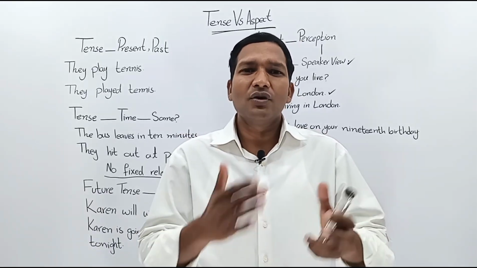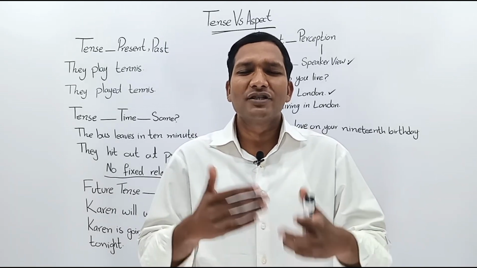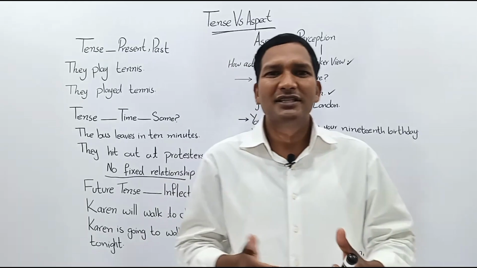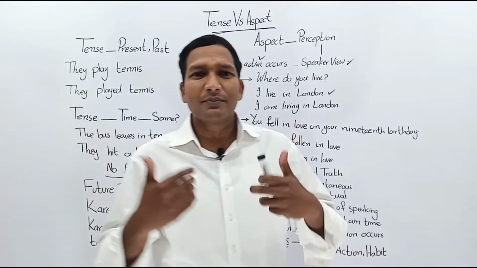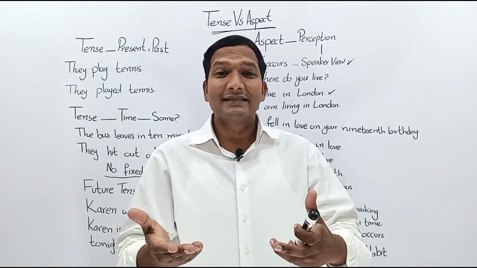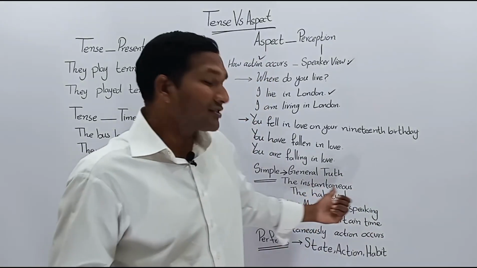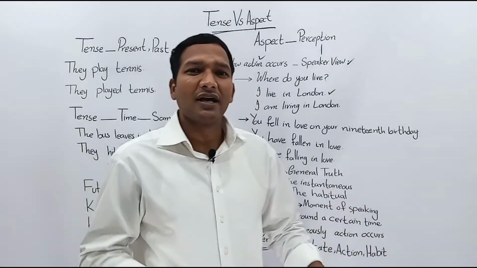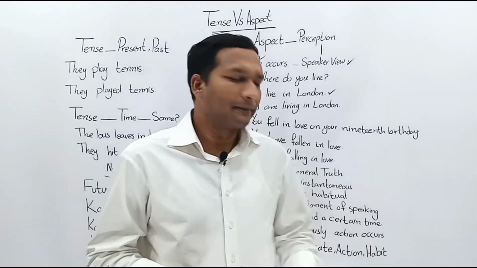So this unmodified verb is enough to express the view of the speaker. It shows the general truths. My eyes are brown. The sun sets in the west, the sun rises in the east. The instantaneous, the player hits the ball. The habitual, I wake up early in the morning.